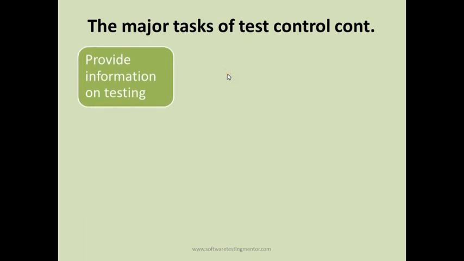Then the other task is to provide information on testing. In test control, you provide regular test progress reports to the stakeholders. If you are working as a test lead, you monitor the test progress, the percentage of tests executed, how many of them passed, how many failed, where we are standing today, and how many test cases are still remaining to be executed.